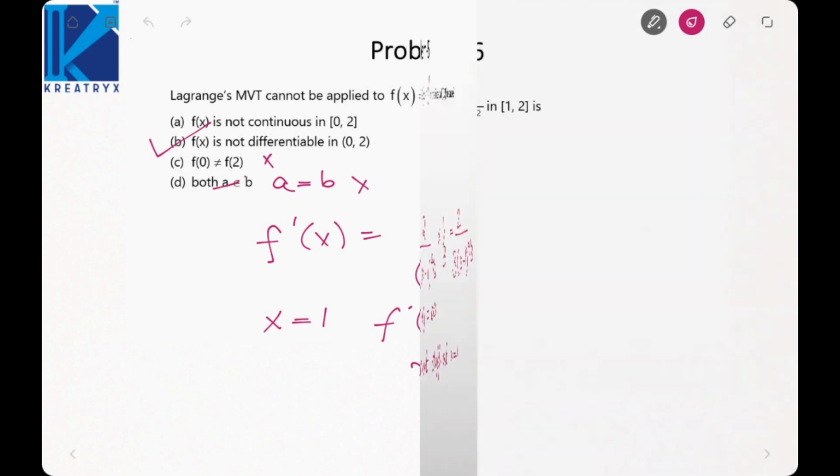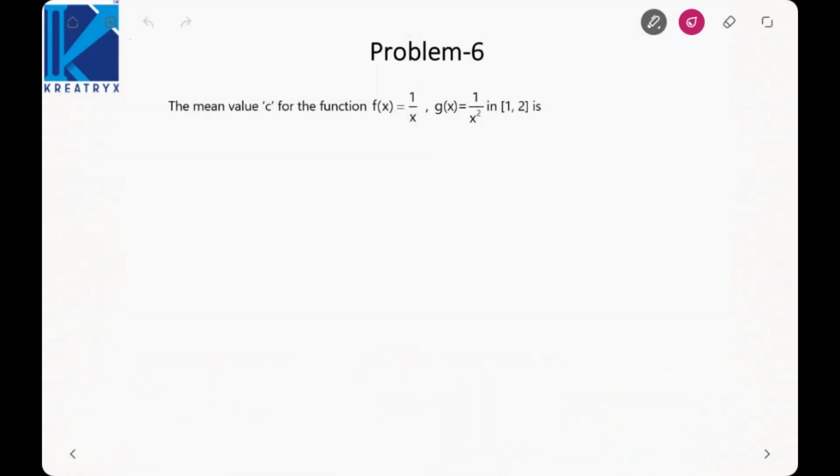Moving forward. Now it is asking the mean value C for the function fx equal to 1 by x, gx equal to 1 by x square. As you can see here, I have been given two functions, which implies I will apply Cauchy's mean value theorem. So, first of all, let us calculate derivatives of these functions. F dash x is minus 1 by x square.